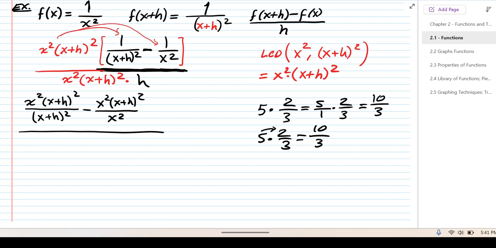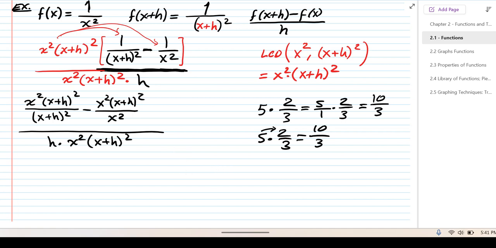And the denominator, I'm just going to write as h times x squared, (x plus h) squared. I just moved h to the front. That's all I did. Right? Remember, multiplication is both commutative and associative. That means if I have ABC, BAC, CAB, these are all the same products. So that's what I just did. Moved h to the front.